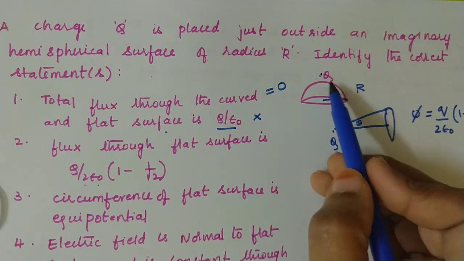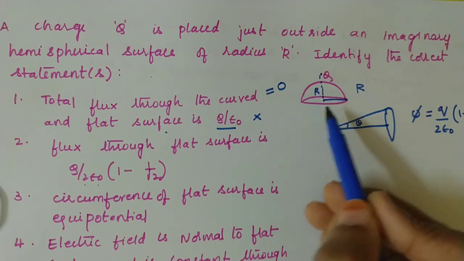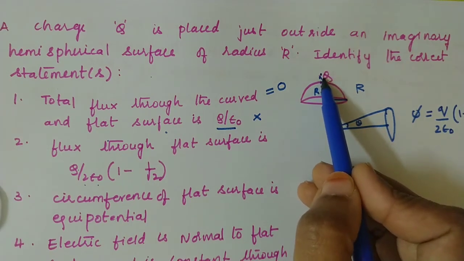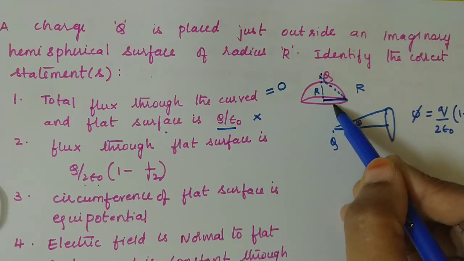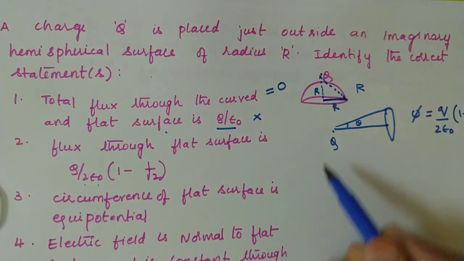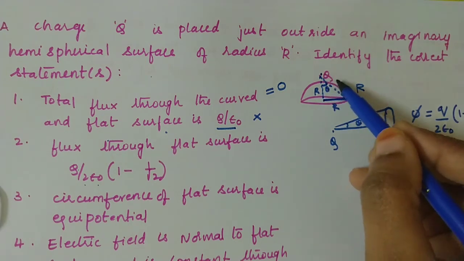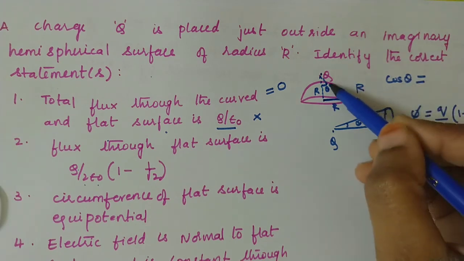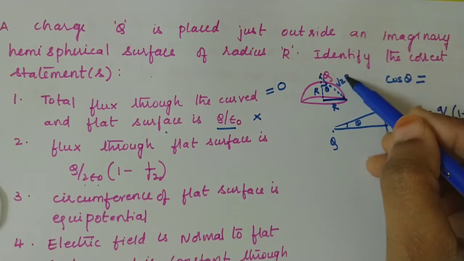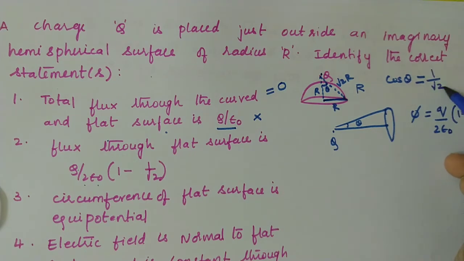Now let's find that angle. From charge to the center distance is r. Again, from charge till here we do not know the distance, but this distance is also given as r. If I call this angle as theta, observe this triangle. What is cos theta? Because r and r, hypotenuse will be root 2 r. So from this, cos theta is 1 by root 2.